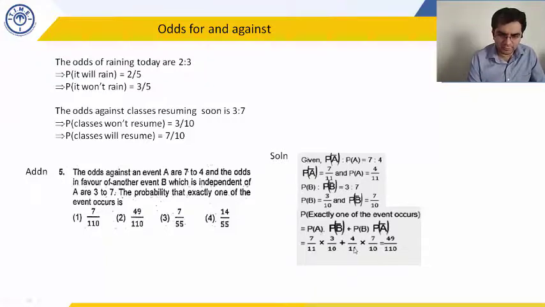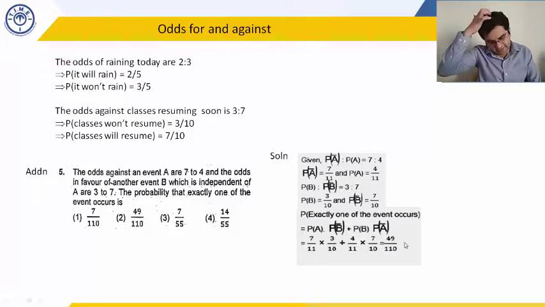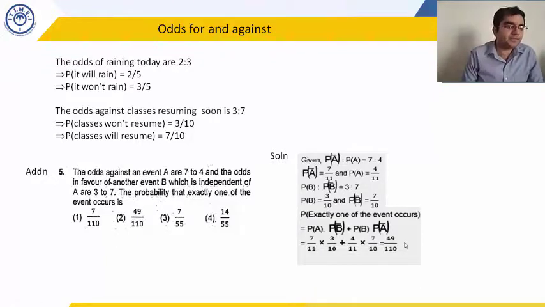So what is P of A? 4 by 11. P of B complement, 7 by 10. And what is P of B? 3 by 10. And what is P of A complement? 7 by 11. And then you add them up. So you get the denominator as 110 and numerator as 21 plus 28, and that is 49. So you get 49 divided by 110.